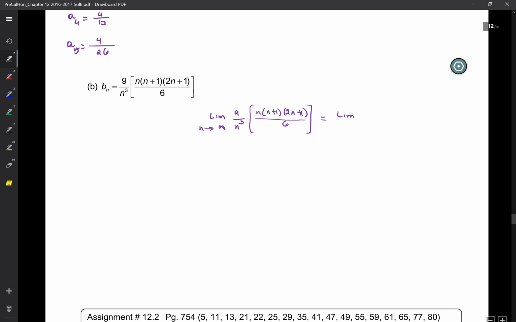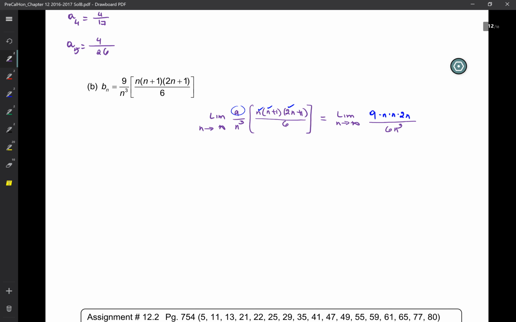Okay, so it's the limit as n approaches infinity. So I want the 9, and then n, and 2n. And, yeah, 18n cubed over 6n cubed. So we know the highest degree when the polynomial is multiplied out completely.